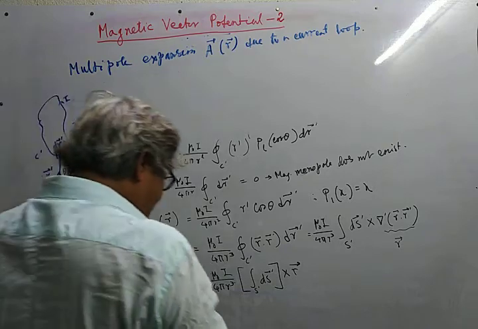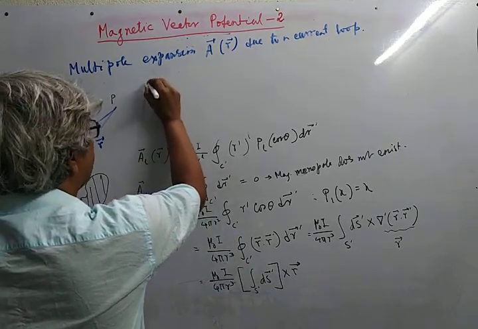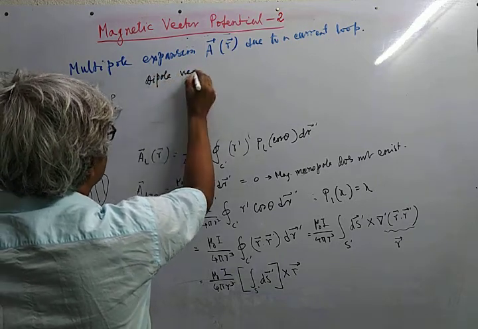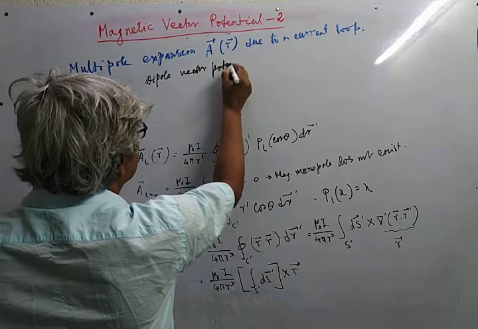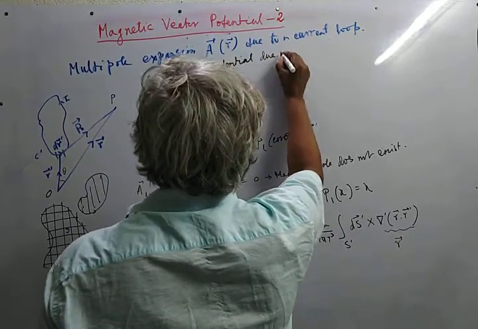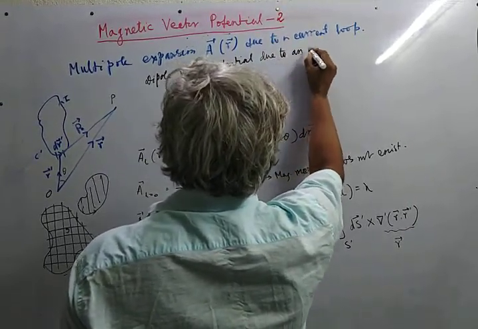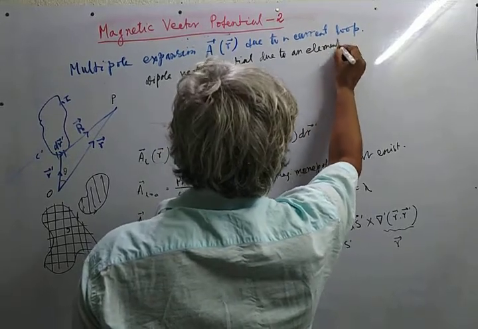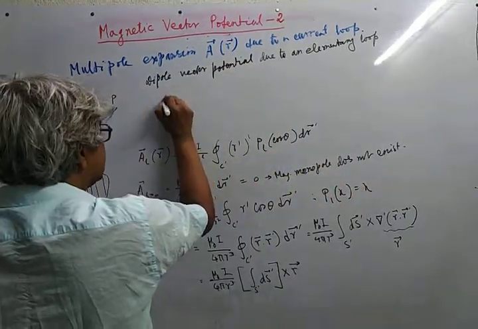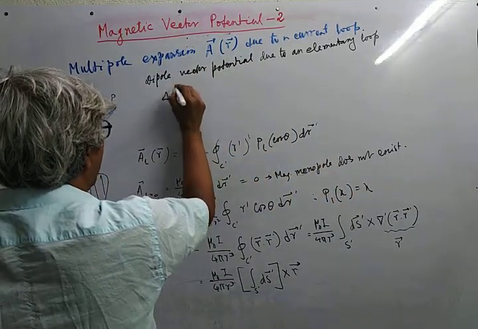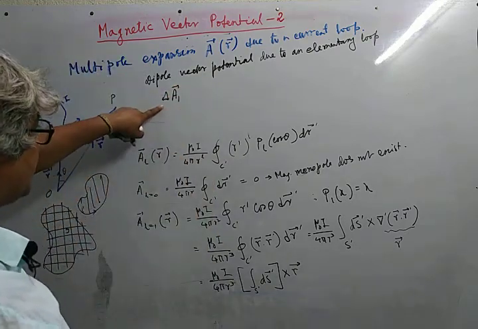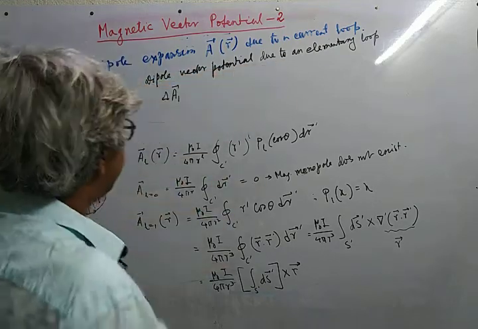Now we come to the dipole vector potential due to an elementary loop. We write it as delta A1. A1 signifies it is the dipole contribution, and delta signifies the elementary loop.